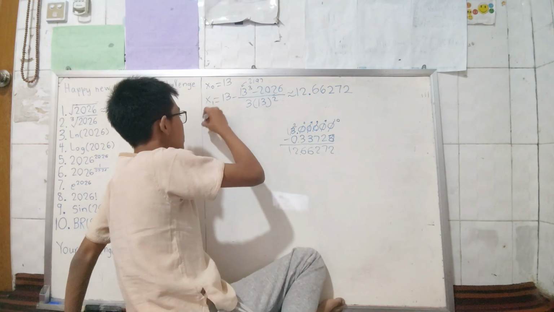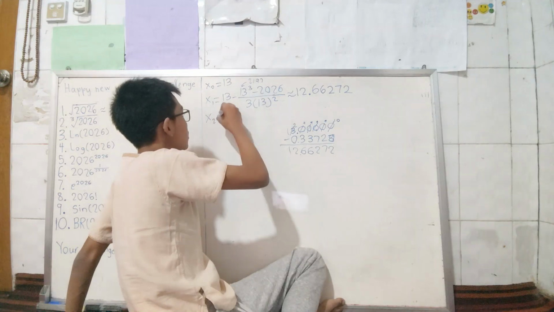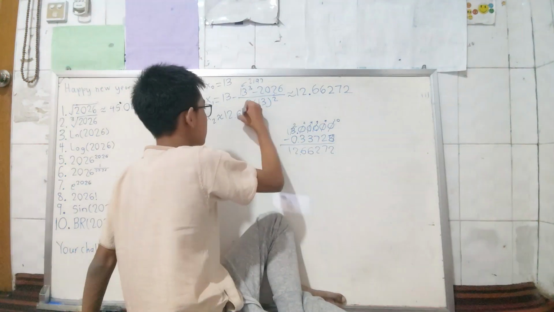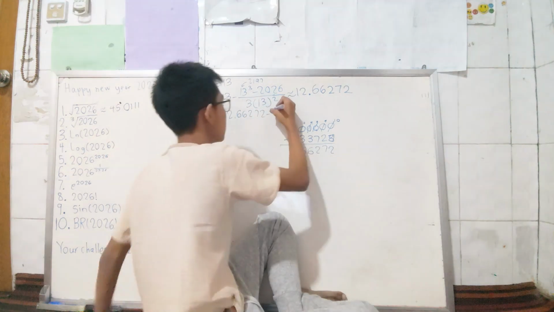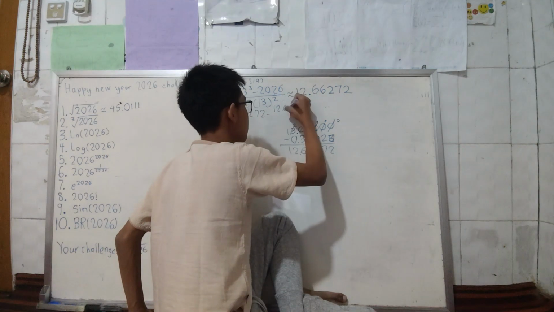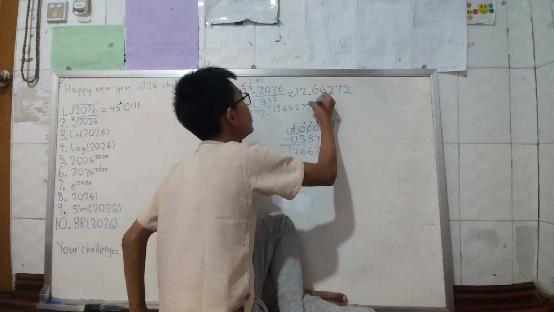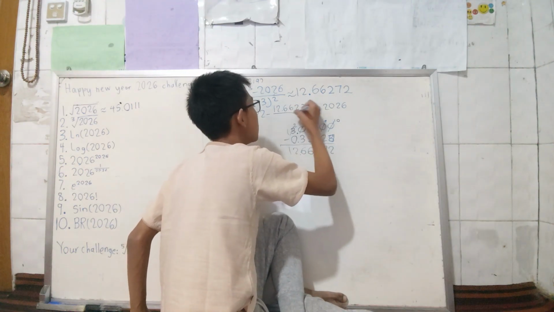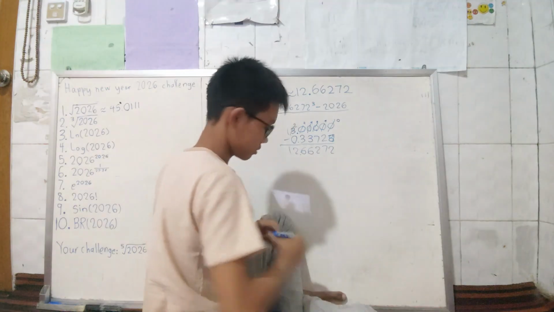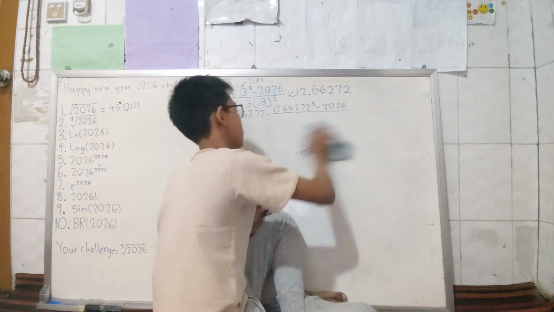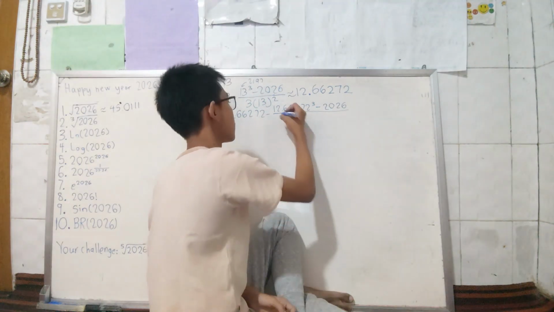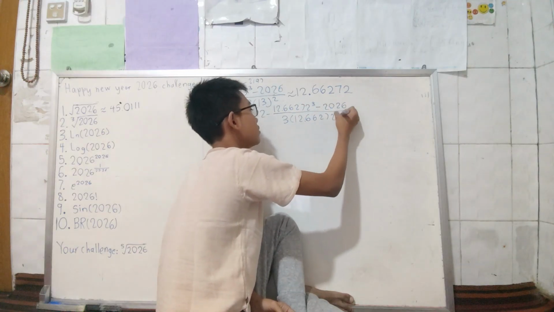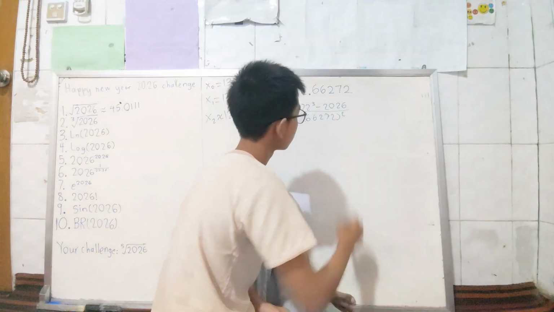We're gonna go for x2. That's gonna be much more difficult. So 12.66272 minus 12.66272 cubed minus 2026, all over 3 times 12.66272 squared.